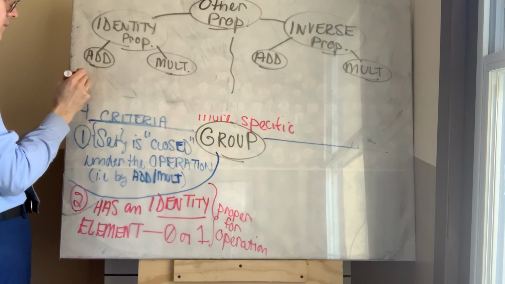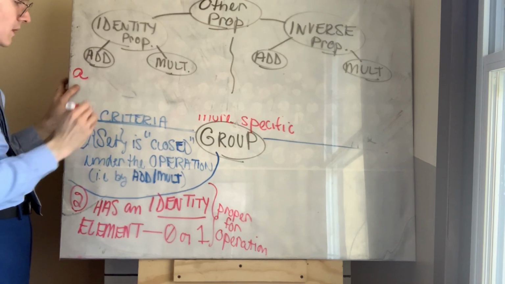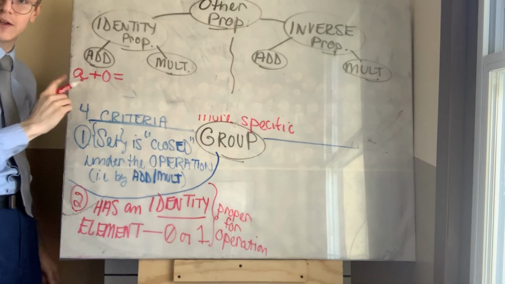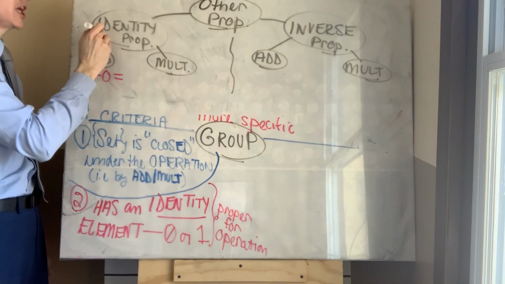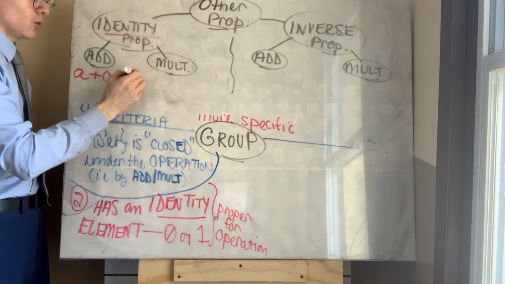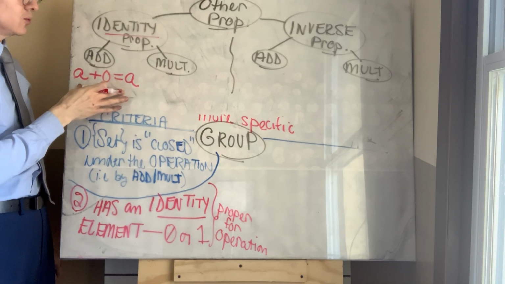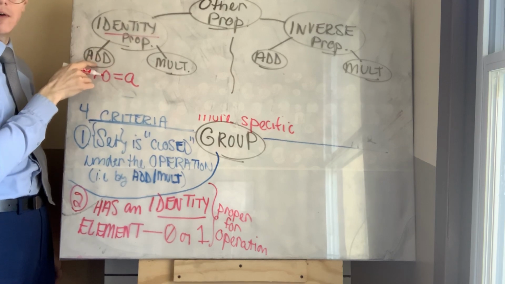Here's the model. A, as in any number, plus 0 produces what? If you add 0 to something, it's not going to change the identity of the thing. So what you started with is what you end with. This is the model, if you will, for the identity property of addition.